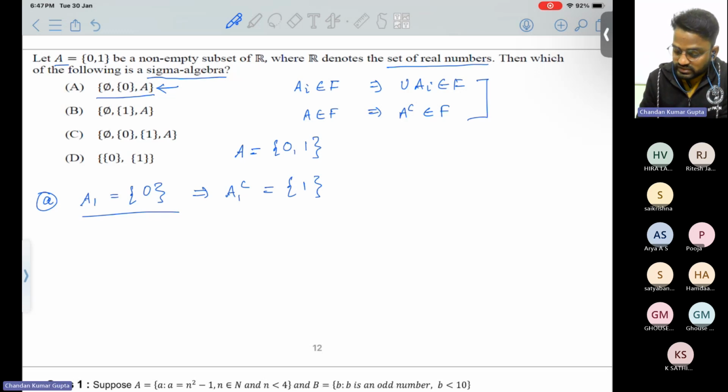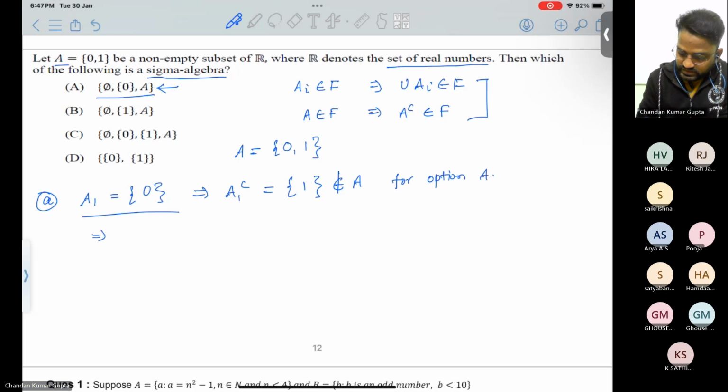So when we consider 0, because 0 belongs to A, the complement of 0 is 1, which also belongs to A. But for option A, the complement does not belong to the set. This implies it is incorrect.